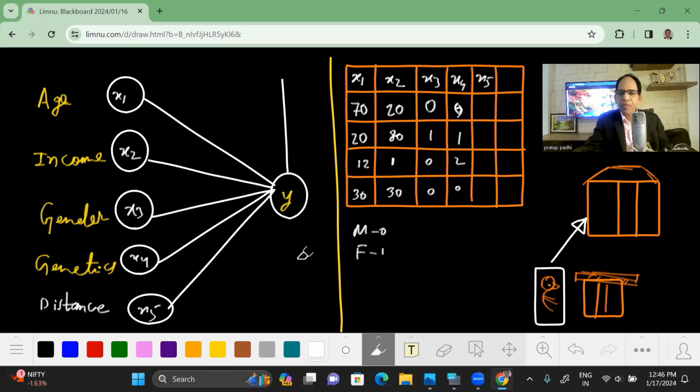Suppose the distance is very high, 70 kilometers, okay? Suppose the distance is 2 kilometer. Suppose the distance is 5 kilometer. Suppose the distance is 10 kilometer. Then you need to decide whether to admit in the hospital or not. Why for admitting in the hospital and for not admitting in the hospital?